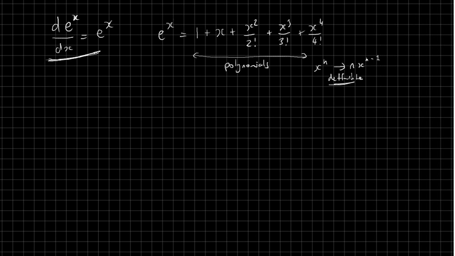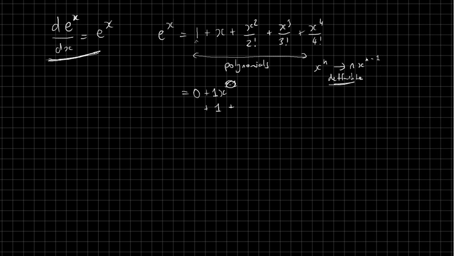So what you actually find is if you take the derivative of this, this here has no x component, so it will go to 0. If you take the derivative of x, you'll get 1 out the front. That's our rule for polynomials. x, and you'll get 1 minus 1, so this will be x to the 0. x to the 0 is 1, and so you get plus 1.